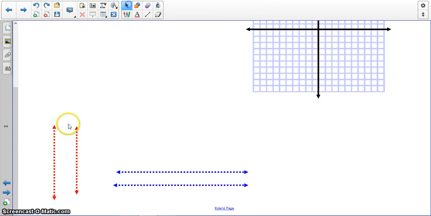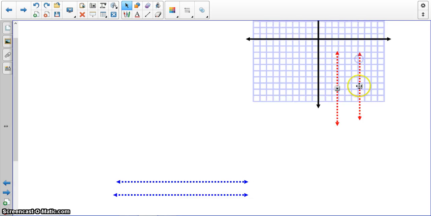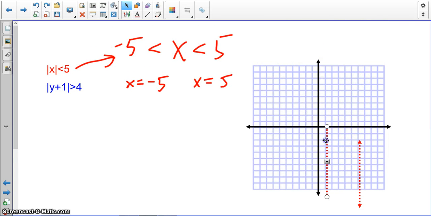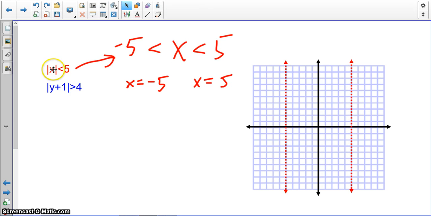So I'll come down here and grab them. So x equals negative 5 is right there. And it's a dashed line because it's just less than. Okay? So x is between 5 and negative 5. We indicate that with little arrows.